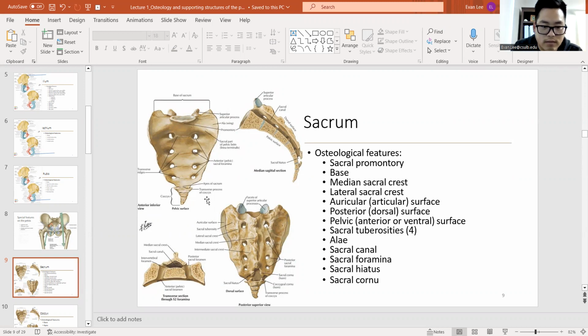And then the sacral cornu, so sacral cornu, those are going to be down here. So there will be parts that extend downward to the, sorry, not coxal bone. So the parts that extend downward to the coccyx, to the tailbone, will be the sacral cornu, which you'll see you have cornu on the coccyx as well.